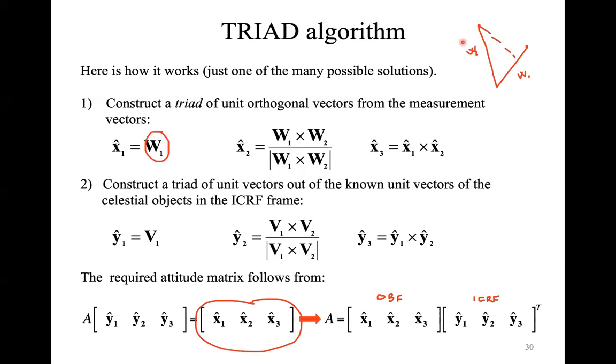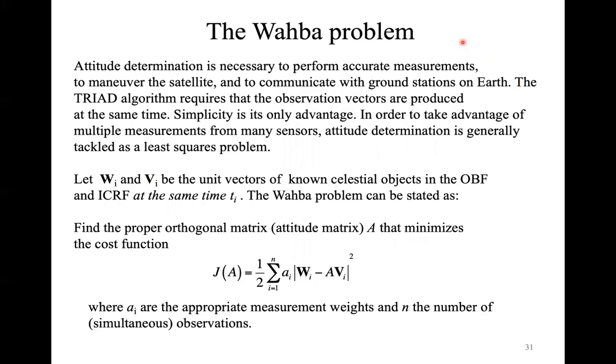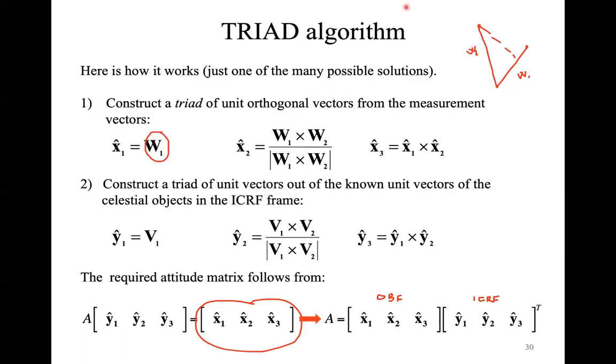So to solve this problem, and to take into account that, for example, W1 is more precise than W2, one error could be that you know W2 is less precise than W1, and you use it to determine the triad by using X1 equal to W2.